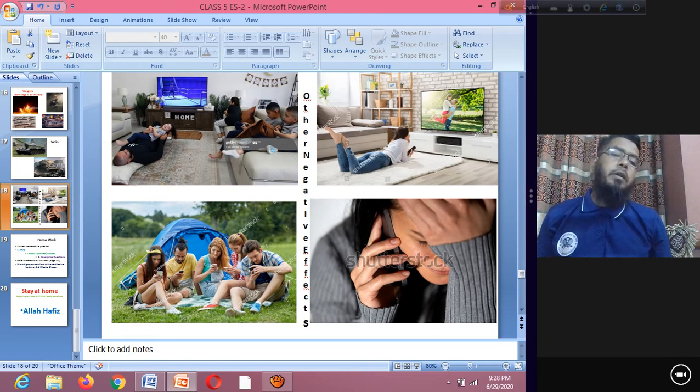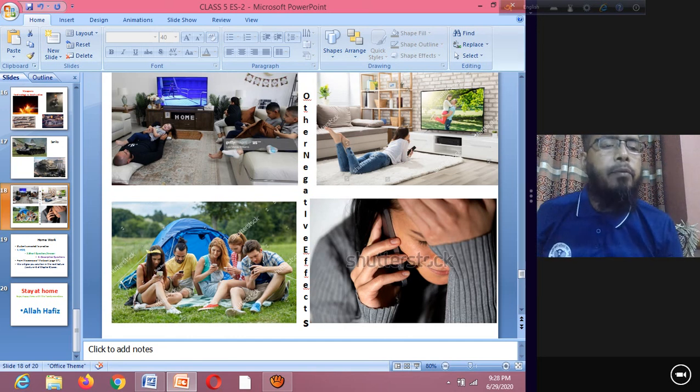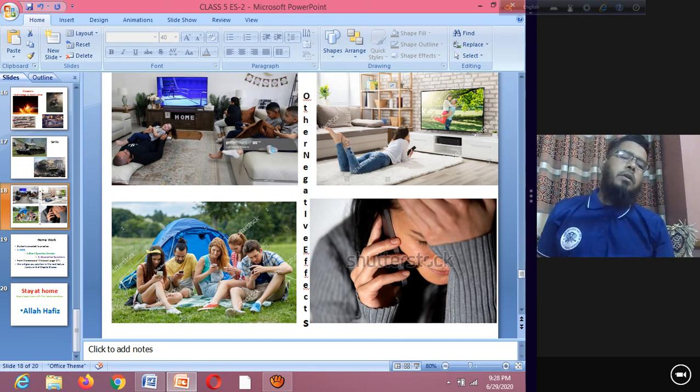Students, you should mind, before the TV box or before the computer, you must not exceed 1 hour a day. At a stretch, you should not watch television for more than 1 hour. And the same applies to the mobile phone or computer.